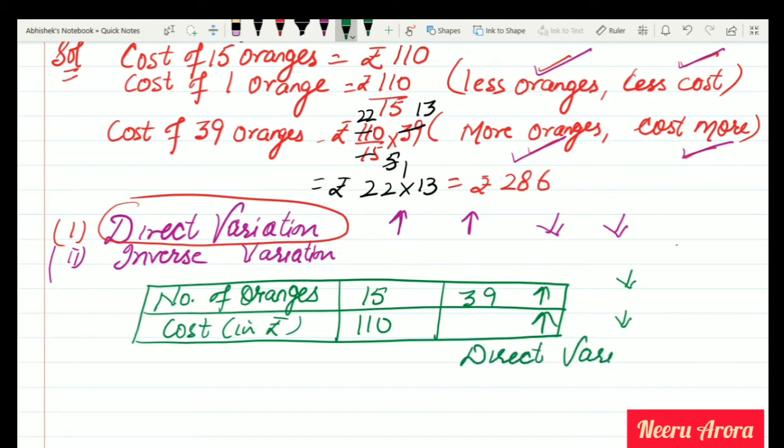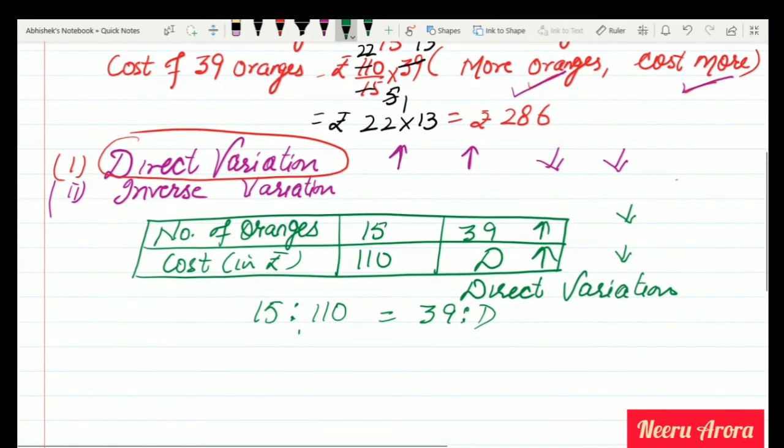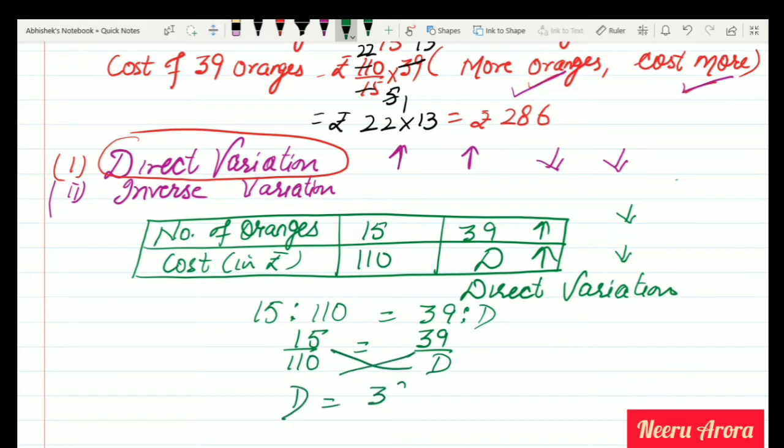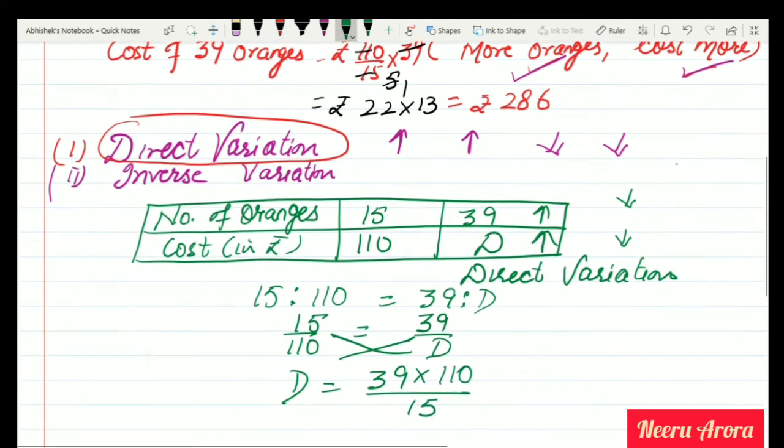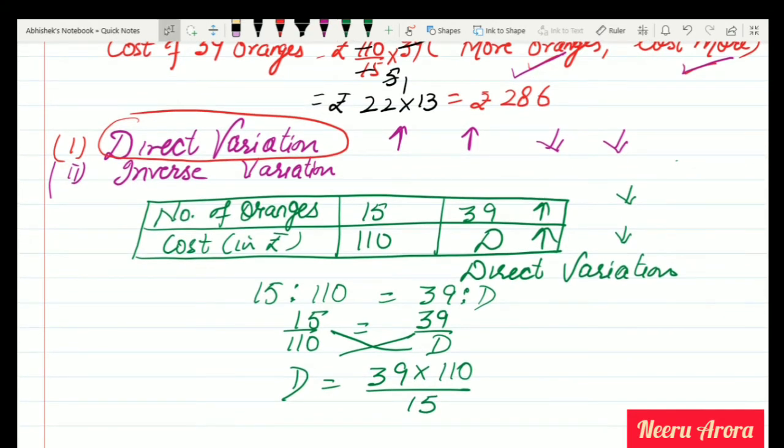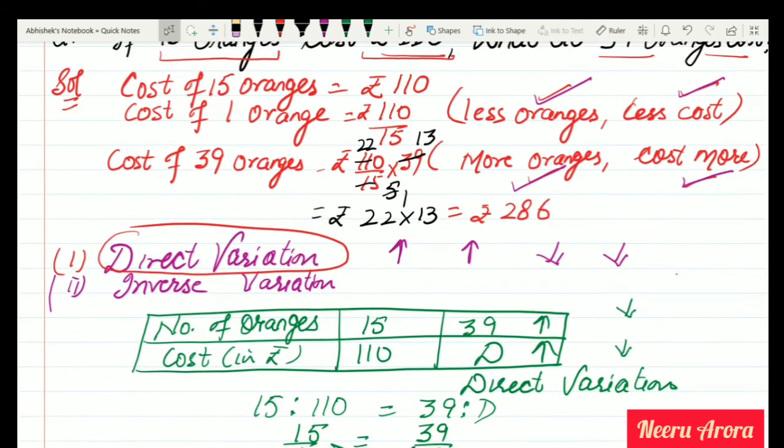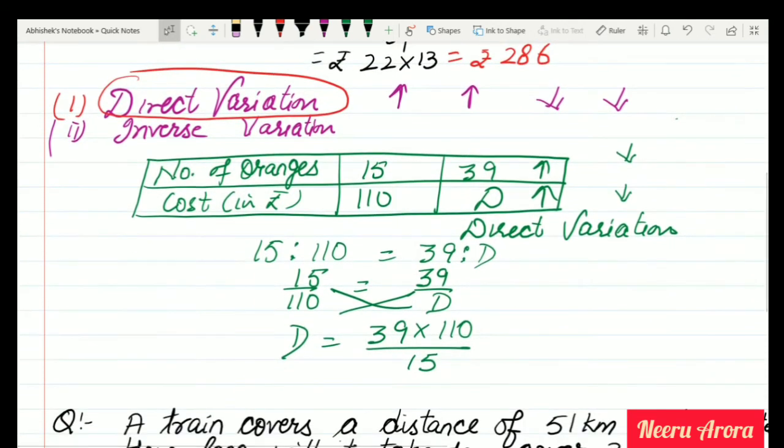In direct variation, let the cost be D. We take the ratio of both the units. 15 upon 110 equals 39 upon D. Let's do the cross multiplication, 39 into 110. Whatever the method you follow, the answer remains the same.